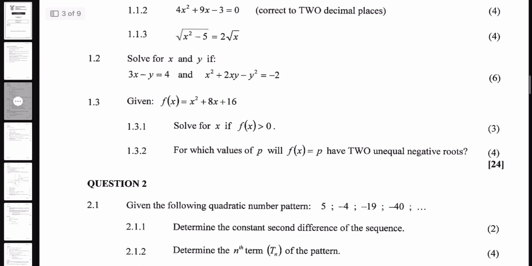What is it saying? It says for each value of p, will f at x equals p have two unequal negative roots? What does that tell you?